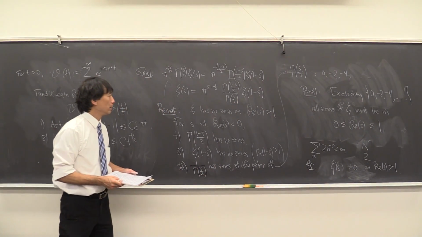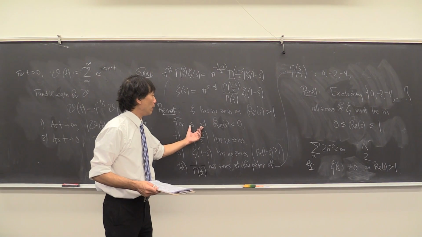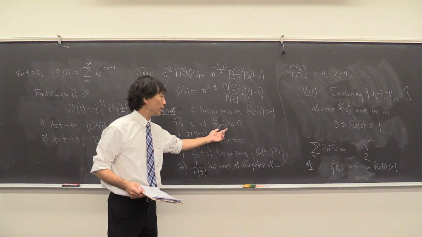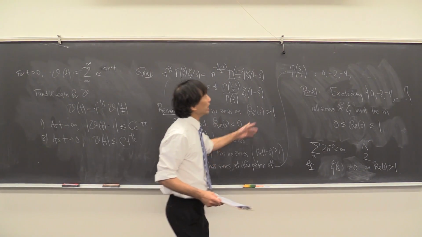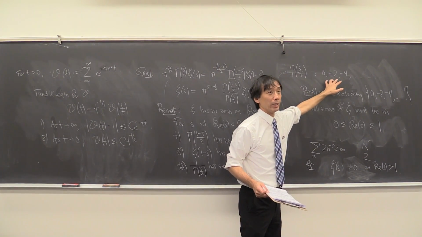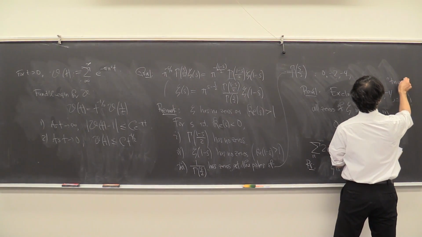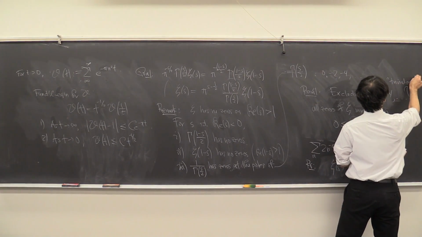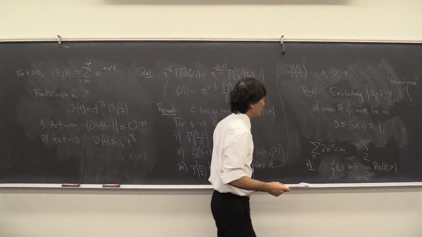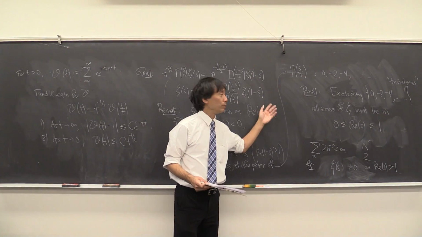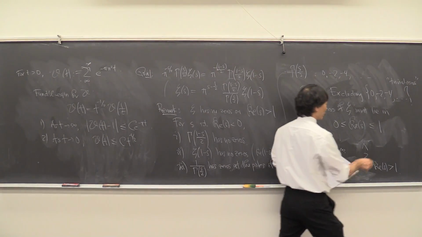Because we just saw that where the real part is less than 0, we have these zeros. These are called the trivial zeros. And we saw that to the right of 1, we have no zeros. So all the zeros must lie in this strip, the so-called critical strip.